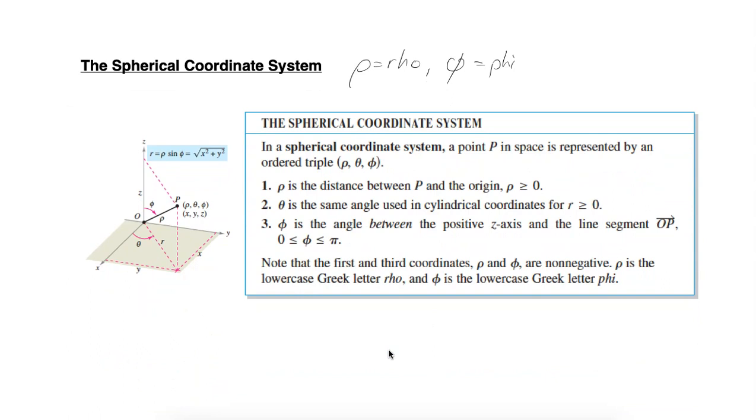So the third coordinate system is called the spherical coordinate system, and this time, as the name says, it's related to spheres. We can describe any point in 3D as being part of a sphere centered at the origin with radius rho. We choose rho here because r is already used for cylindrical coordinates and it's a different value.